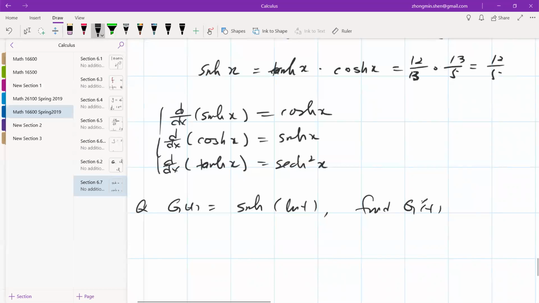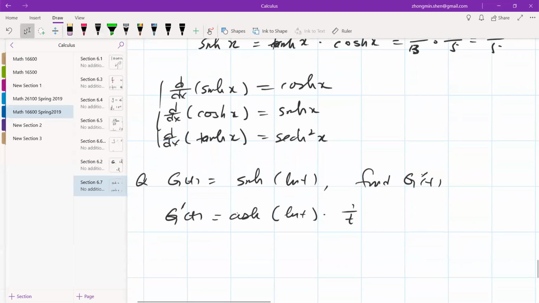Find the derivative. According to the above formulas, the derivative of hyperbolic sine becomes hyperbolic cosine of natural log of t, and the derivative of natural log of t is 1 over t. Can we simplify now? You will realize that you can simplify the function first before you differentiate. This could be the answer.